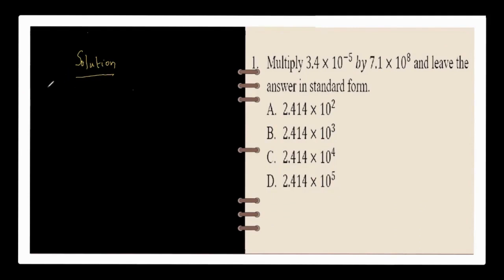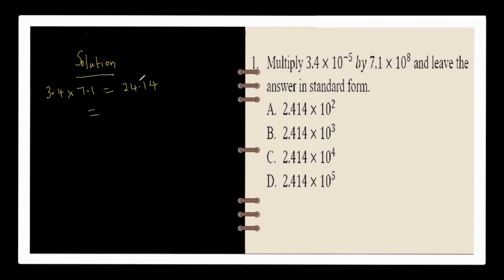So first we look at 3.4, and we are going to multiply by 7.1. Since this is objective, we are allowed to use a calculator. This will give us 24.14. Now, this answer we are going to write in standard form.